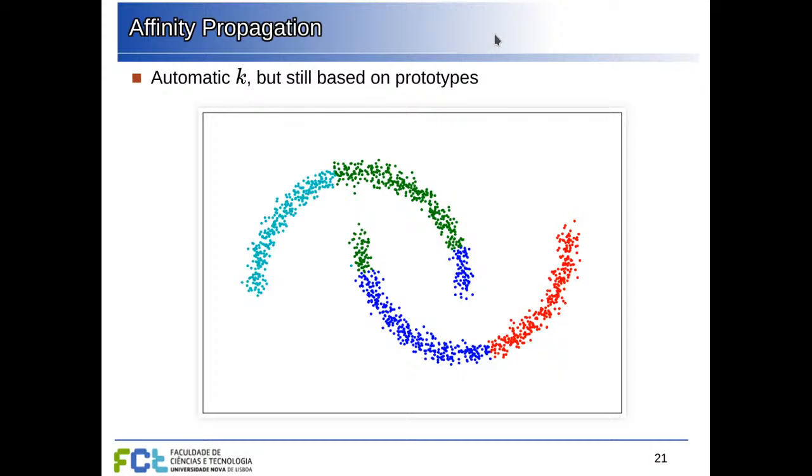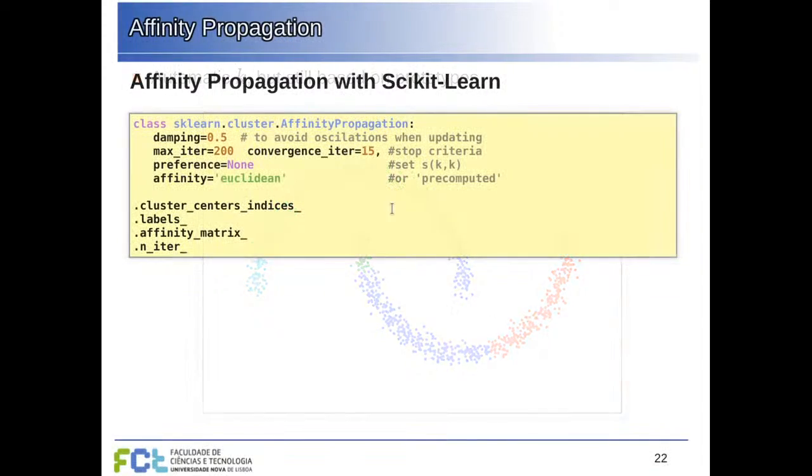But affinity propagation is not looking at these kinds of structures. It's just looking at the similarities to representatives. So it still has this basic problem of prototype-based clustering: depending on the shapes of the clusters, we can have clusterings that do not correspond well to the structure of the data.